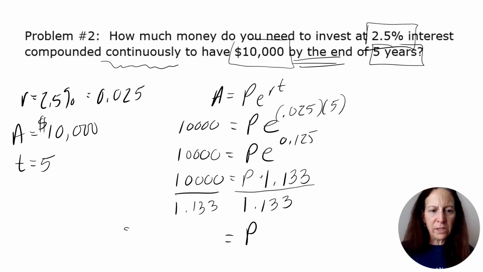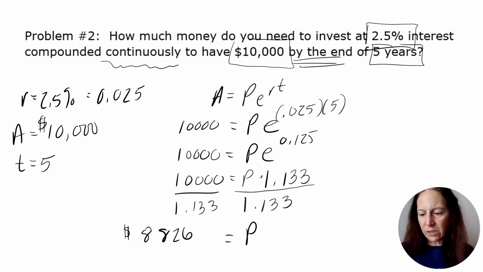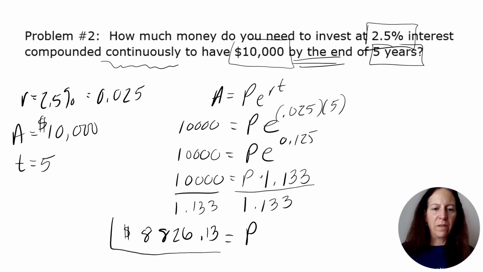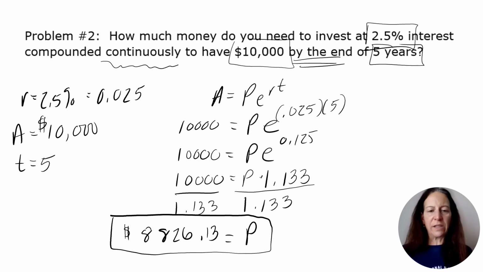And it looks like I need to invest $8,826.13. Okay, so if I take $8,826.13 and put it in this account that makes 2.5% interest, in 5 years we will have earned enough money to bring it up to $10,000.